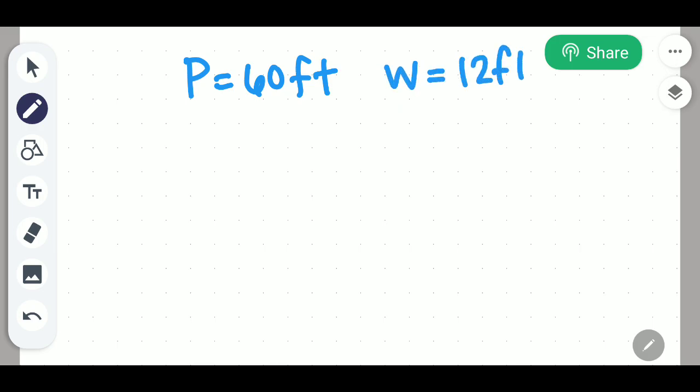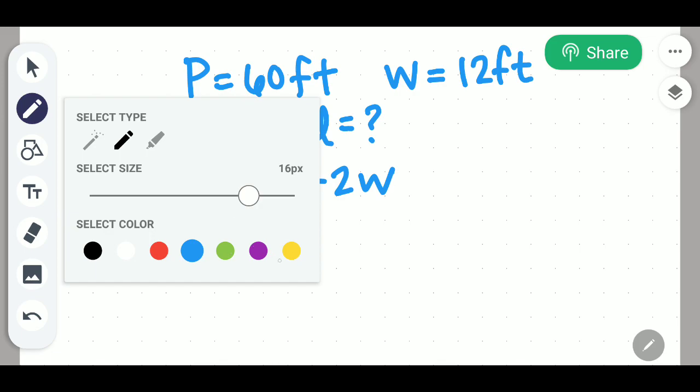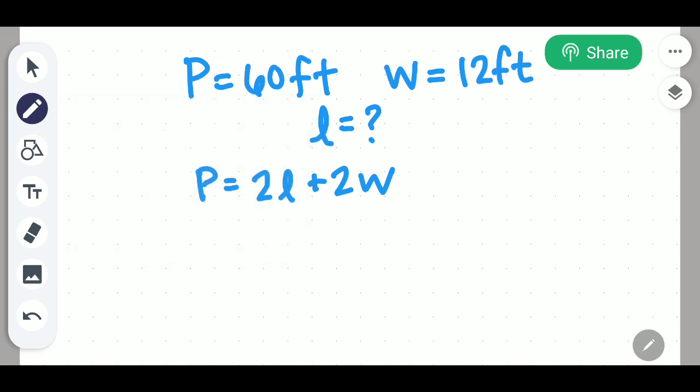So let's say the perimeter of a rectangle is 60 feet. So perimeter is 60 feet. And the width is 12 feet. Okay? Find the length. So we need to know the length. Well, we know from before, perimeter equals 2 lengths plus 2 widths, right? So let's try to get what we're looking for, which is L by itself. So again, L is over here.